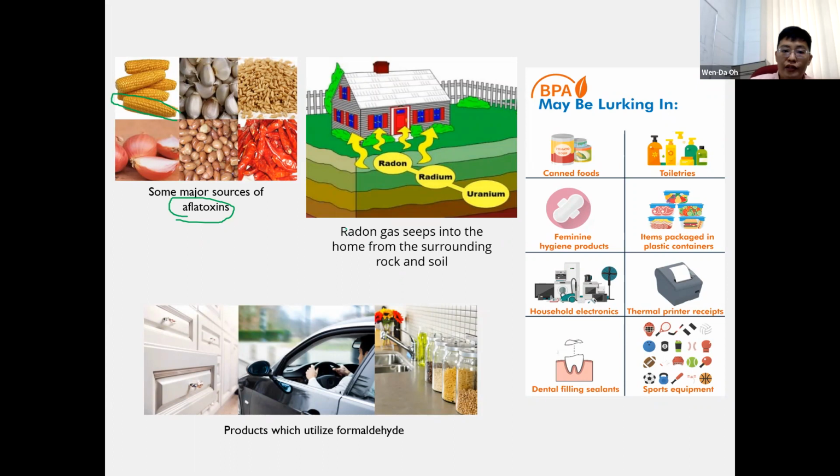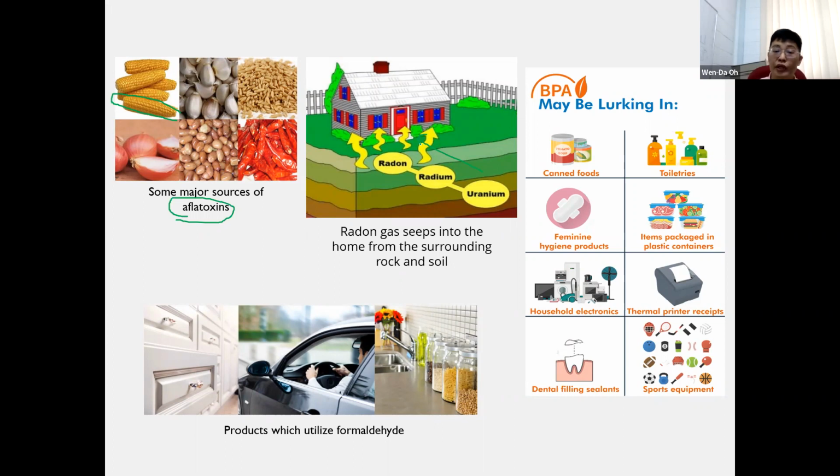Aside from that, you have radon gas, which can be found in your light bulb, right? Sometimes you have uranium in the environment. You are not aware of the uranium, which can indirectly go to your house. This is quite common in certain areas, whereby you have uranium in the environment, but they are not aware of it.